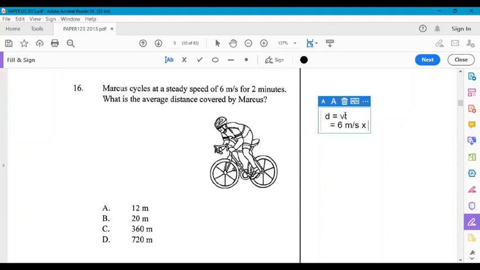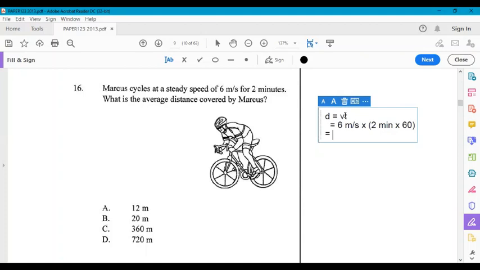Okay, to use this formula, any values of time must be in seconds. We're given our time period that Marcus was cycling over as 2 minutes. Okay, we have to convert that into seconds by multiplying by 60, because 60 seconds is equal to 1 minute.